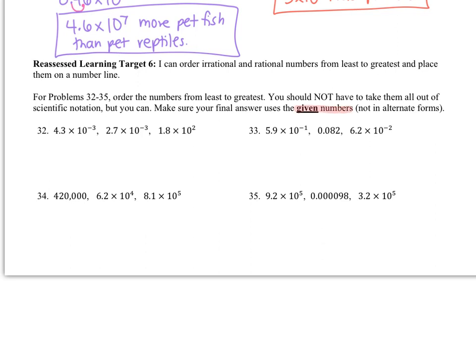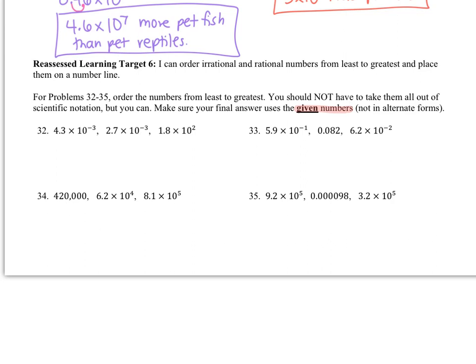So you can convert any of the numbers that you want, but you shouldn't have to do that. And scientific notation's actually more useful here. So try not to take the numbers out of scientific notation. Rather, probably put some that are in standard notation into scientific notation.